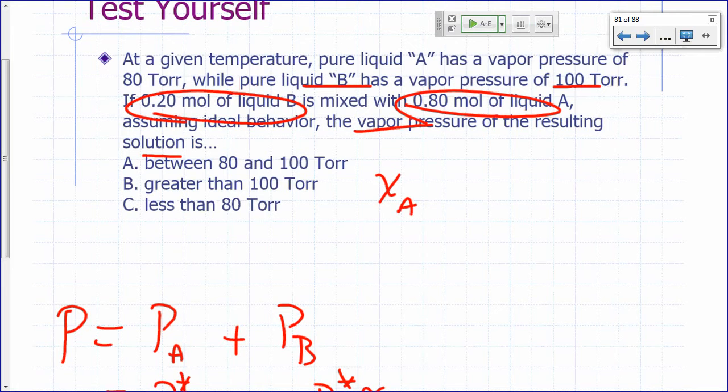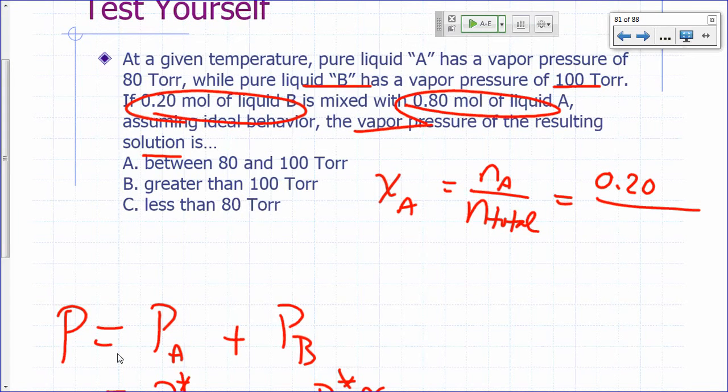Mole fraction of A is moles of A over total moles. How many moles of A do we have? Moles of A is 0.8, sorry.